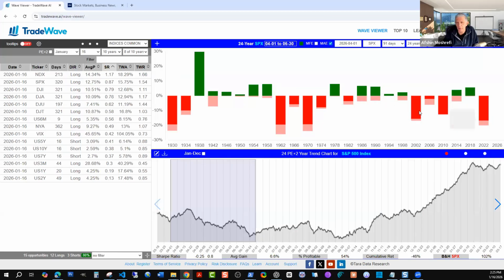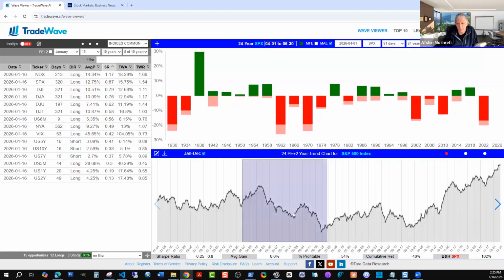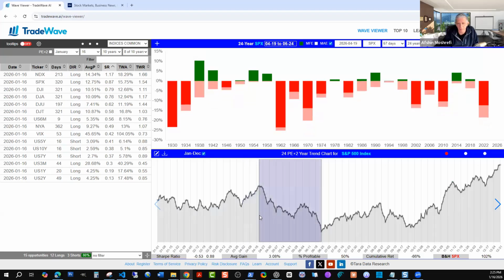Also in 94. Again, but it does look pretty down overall. However, I can adjust this from the peak to the valley right there. Now you can see it really is a negative time.